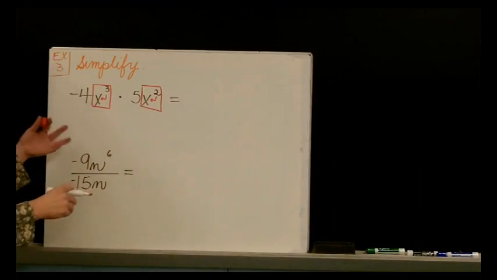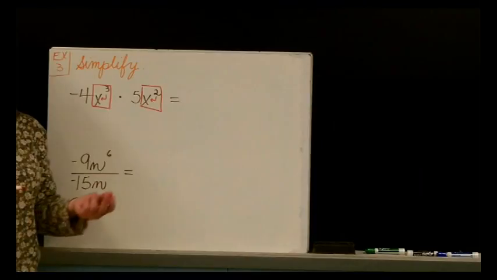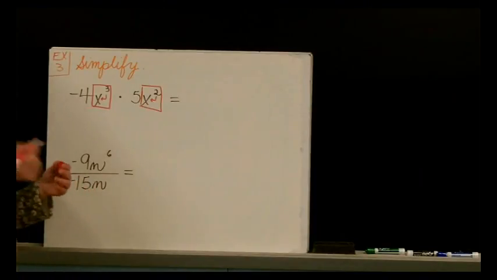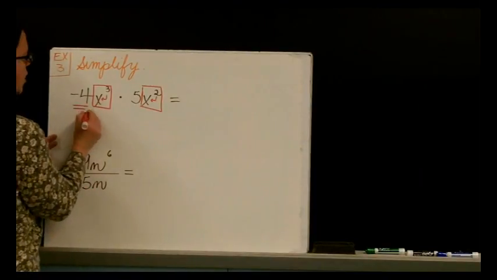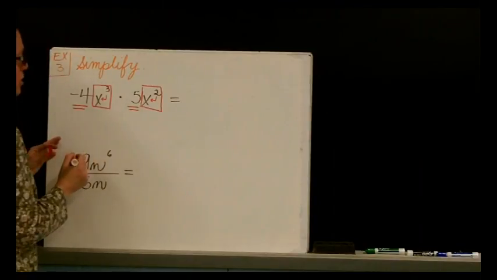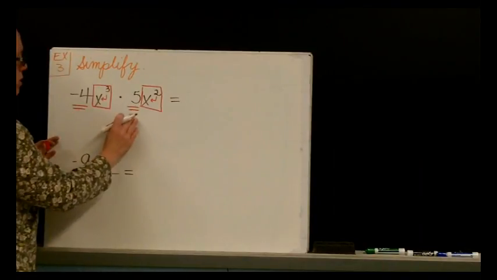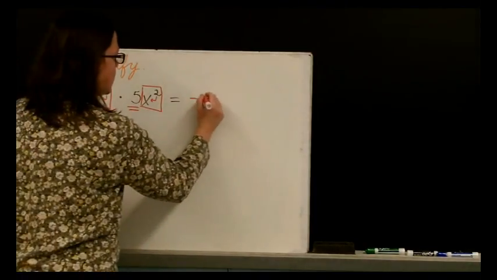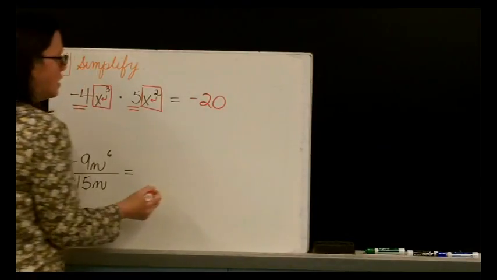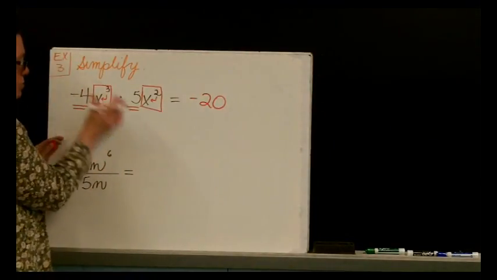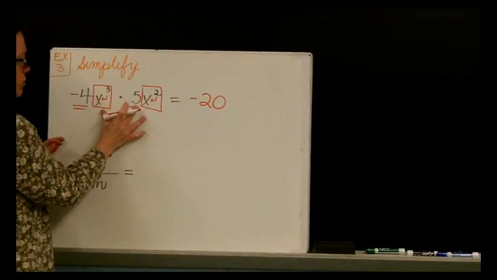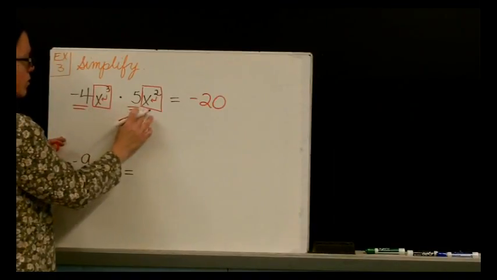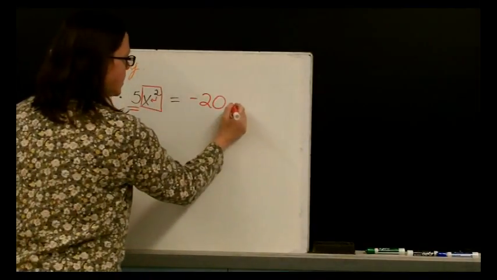So what we do when we are multiplying monomials that have powers is it's 2 steps. First, we multiply the coefficients. -4 times a +5 is -20. Next, we multiply our variable terms. We have an x to the 3rd times x to the 2nd.